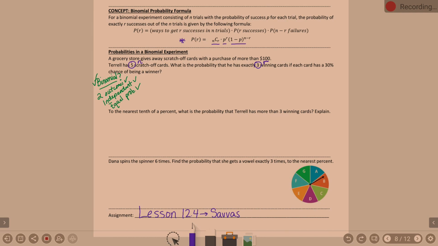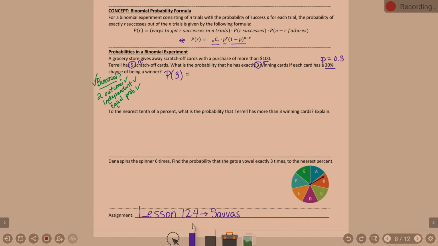Okay. And then probability is 30%. Now, as with most of the time when you use probability in a formula, you want a fraction or a decimal. I'm going to use 30% as a decimal, which is 0.30 or 0.3. Okay, guys, it's an intimidating looking formula, but it's plug and chug. Okay, so probability of r, the probability of 3 winning cards.